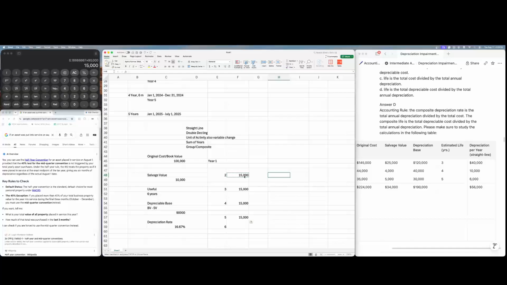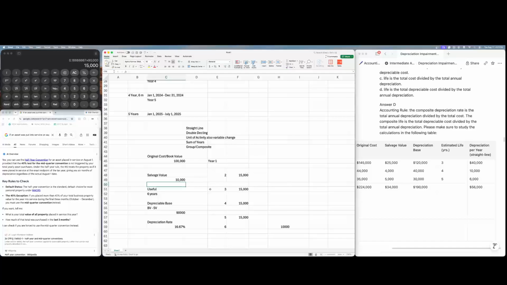By the end of 6 years, the book value would be the salvage value. At the end of 6 years, the value of the asset would be 10,000, because that's the remaining salvage value. So that's how you calculate with straight line.